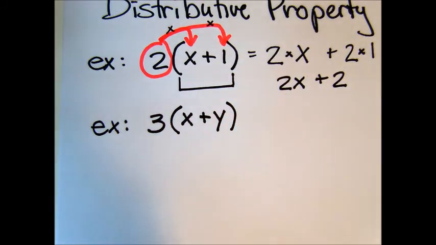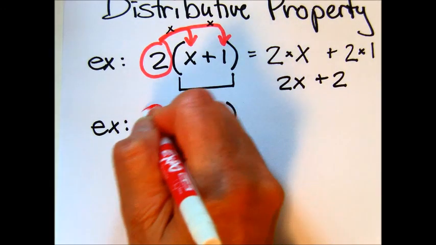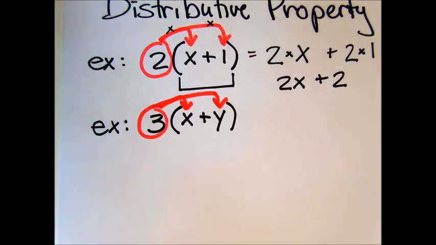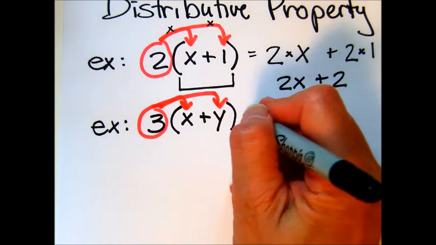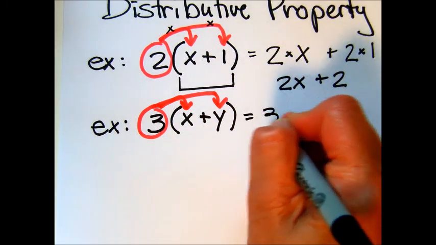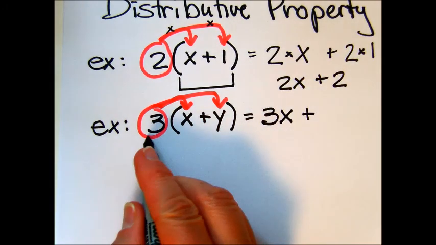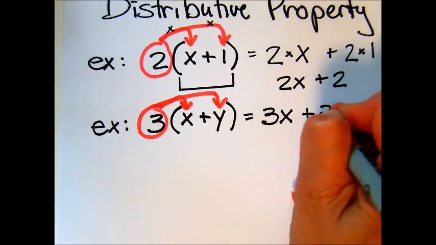Again, we're going to multiply the factor to each term within the quantity. So we're going to get 3 times x, or 3x, plus 3 times y, or 3y.